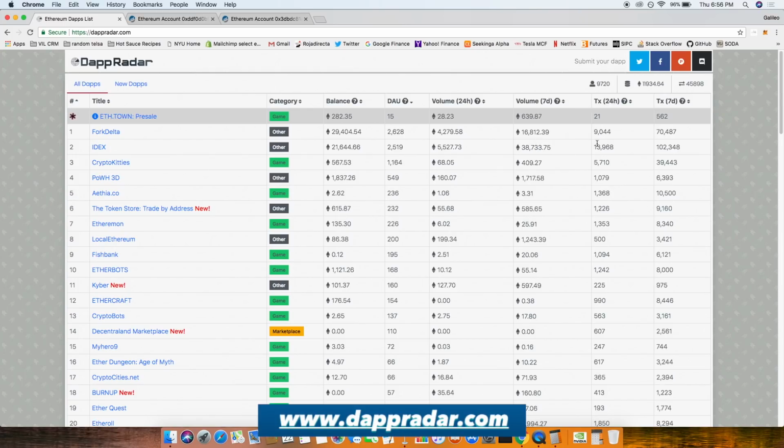And then this is the actual number of transactions, the amount of times people, or bots, interacted with this contract. So one daily active user could be making multiple trades per day, and that's the discrepancy. And that's really what we're seeing here. So IDEX has 13,000 transactions with 2,500 daily active users.